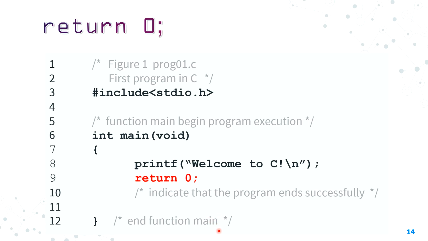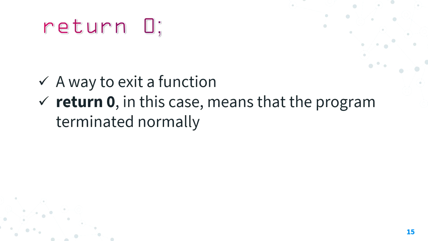So this return 0, although it looks not important, is actually an important part of the basic C program structure, because return 0 ends the program and indicates successful execution. So return 0 indicates that the code has been implemented effectively and normally has accomplished its objective.